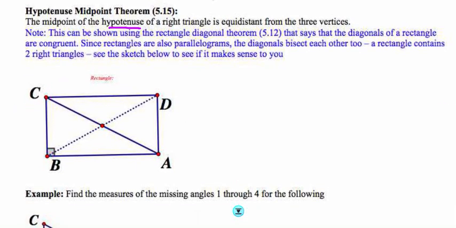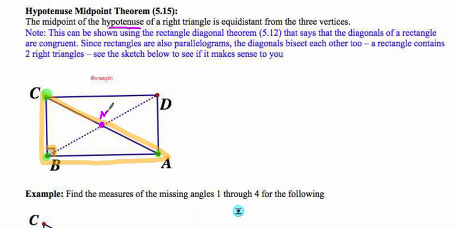And so what I'll do is just highlight triangle ABC. Side AC is the hypotenuse. In this case, we have our right angle at angle B, and of course the vertices of the triangle are A, B, and C.